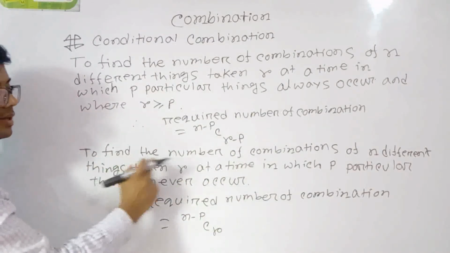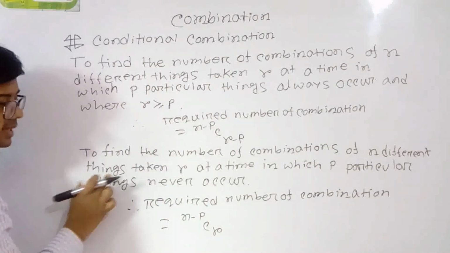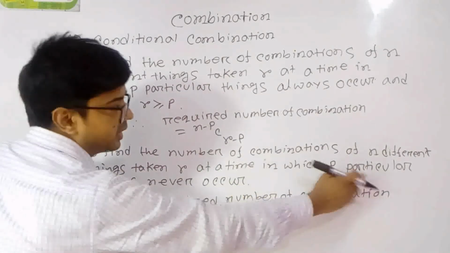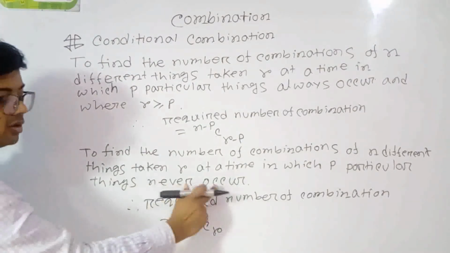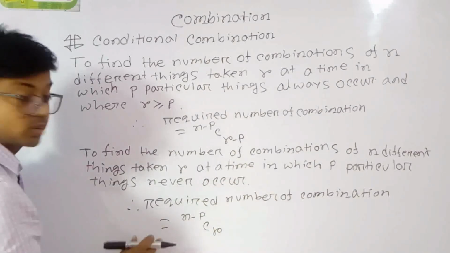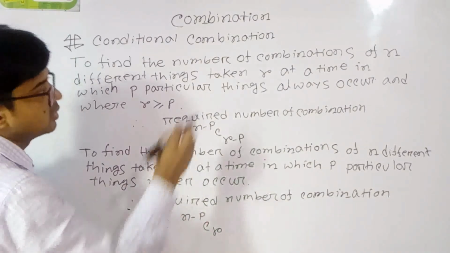Again, to find the number of combinations of n different things taken r at a time in which p particular things never occur, the required number of combinations will be (n minus p) C r.